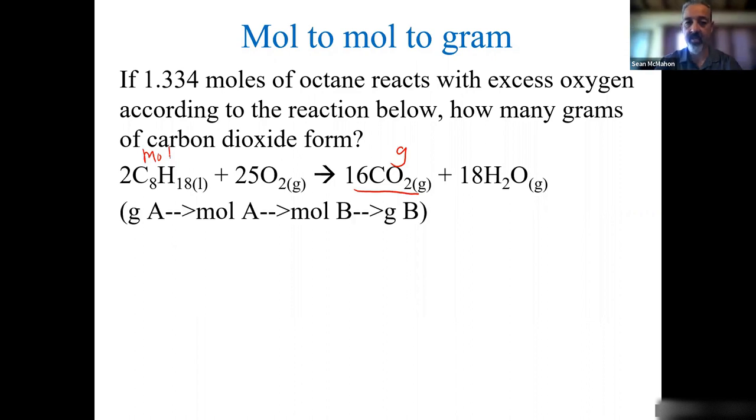I'm not really starting with grams of octane. I'm starting with moles. That's why I'm saying it's mole to gram. So what do I need to do? Well, I need a mole to mole relationship because this is my given, 1.334 moles of octane.